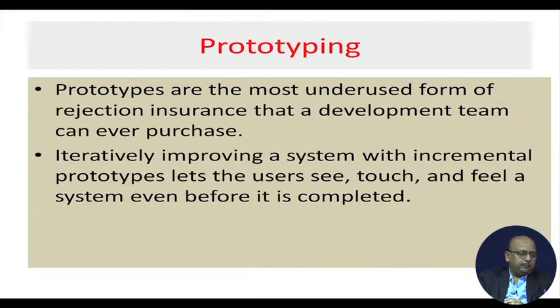What does it mean? It means that when you are going to buy insurance, you see what the benefits are, how it is going to help you, what the cost is, and what the benefits are.